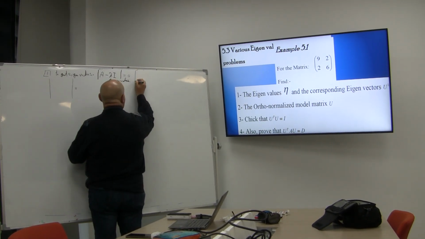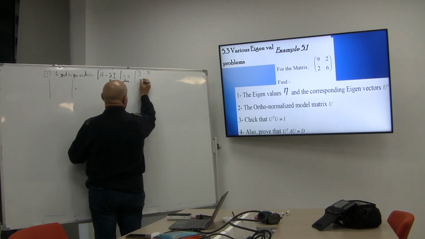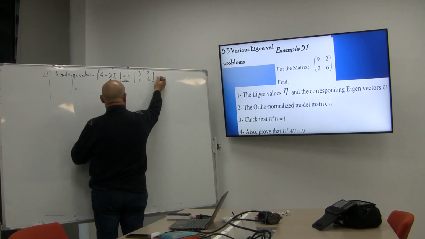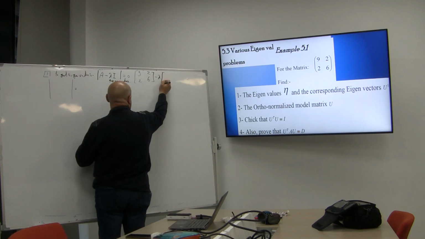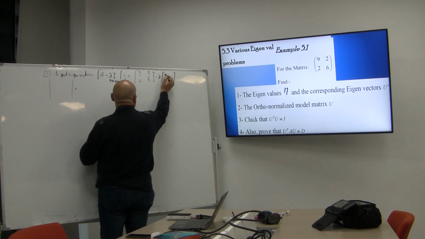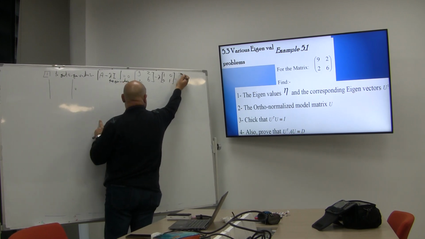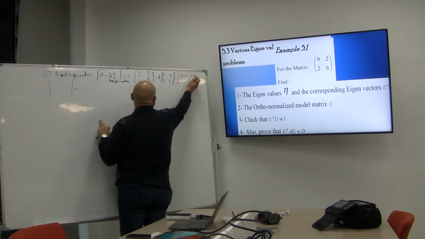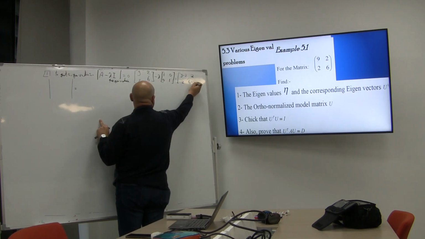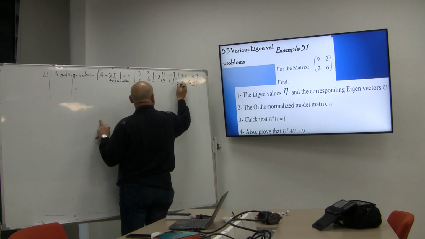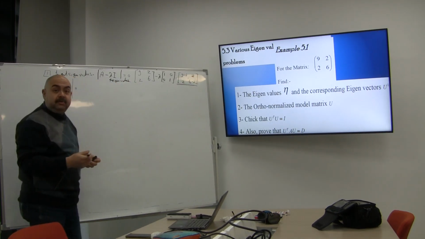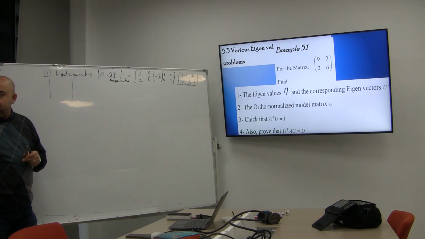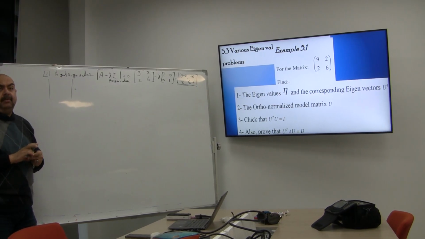The matrix is 9, 2, 2, and 6 minus lambda times I. I in this situation will be a 2 by 2 unit matrix. And so the result will be simply 9 minus eta, then 2, then 2, 6 minus eta. Am I right? Okay, so this is the first step, the substitution that I am talking about.